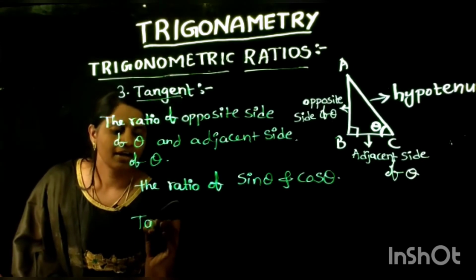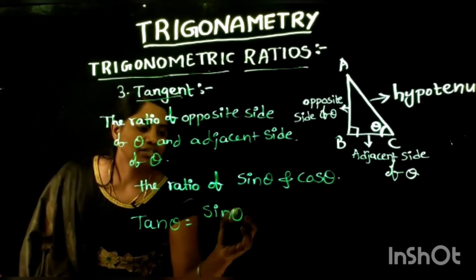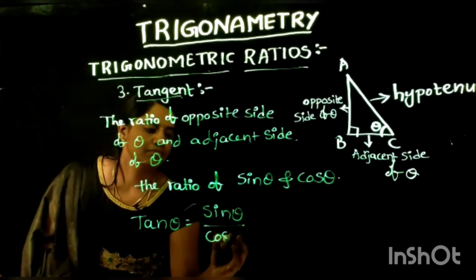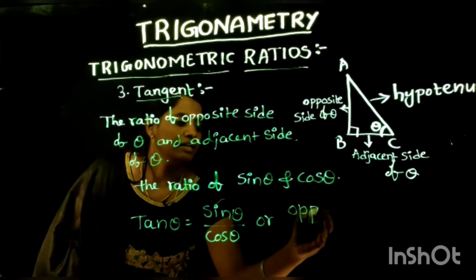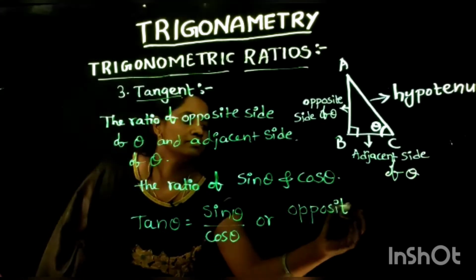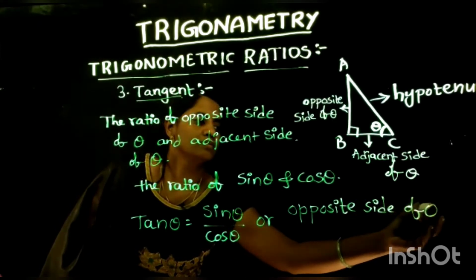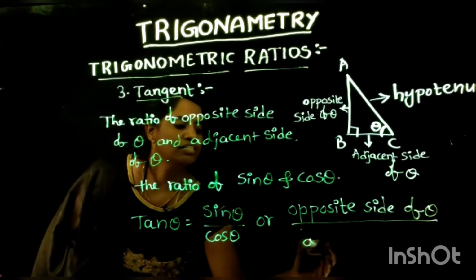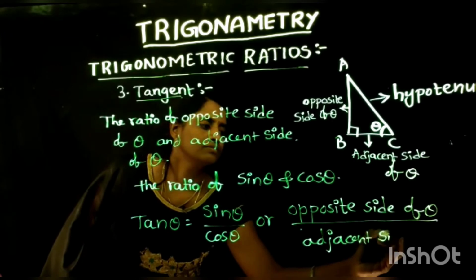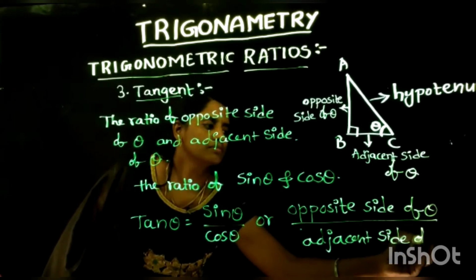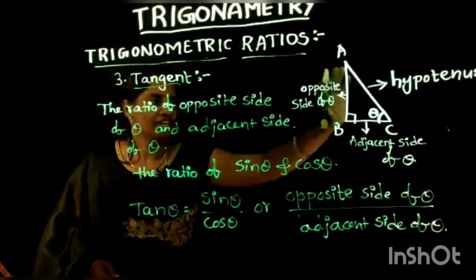Shortly we say tan theta is equal to sin theta by cos theta, or the opposite side of angle theta by the adjacent side of theta. What is the opposite side of theta?